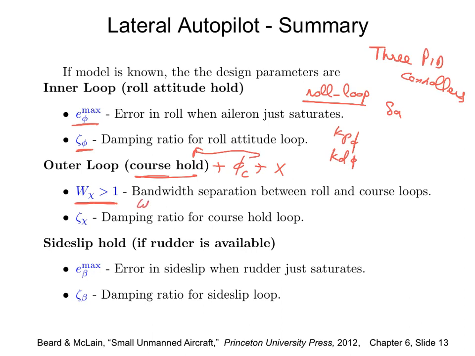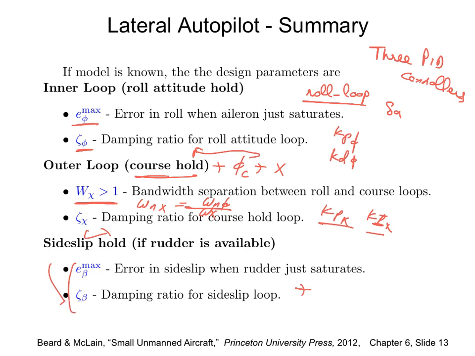When you choose omega n chi, it has to be omega n phi divided by omega x, or 10 times slower, and you can choose your damping ratio. That will provide you your kp chi and ki chi. So we are using a PI controller here, and for rudder also we are using a PI controller. In blue, these are the design parameters.